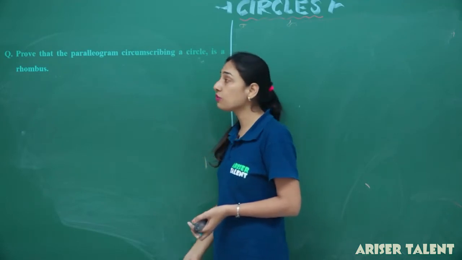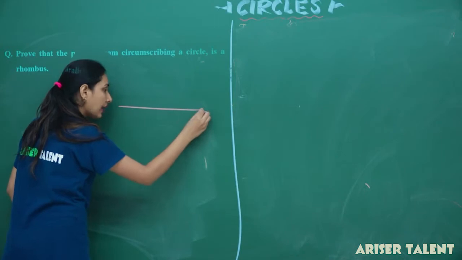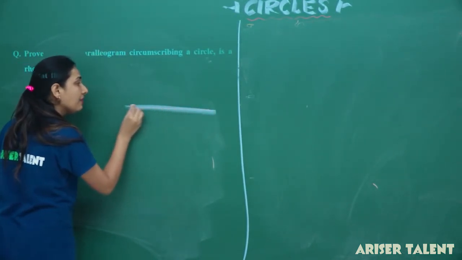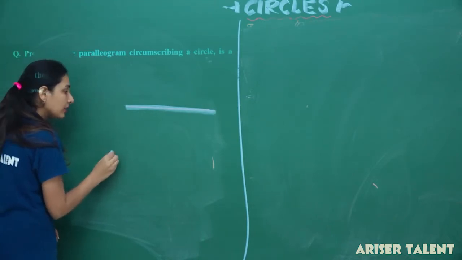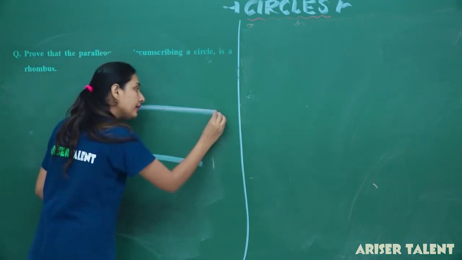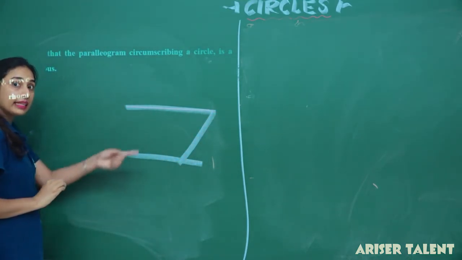Now, what is a rhombus? What is a parallelogram? We have two things. Actually, we are having only one thing, which is a parallelogram. I am having this line. Now, I draw this line parallel to this line. Now, I draw a line bisecting it.